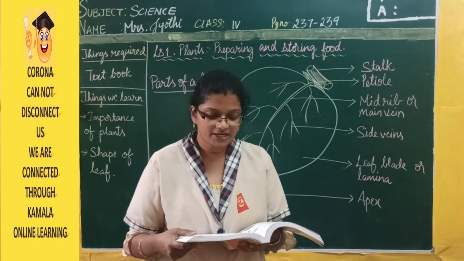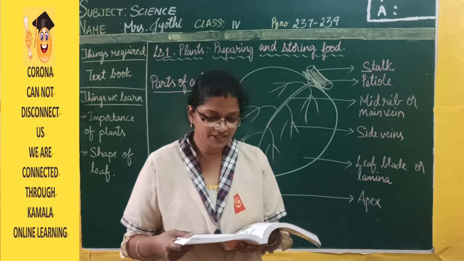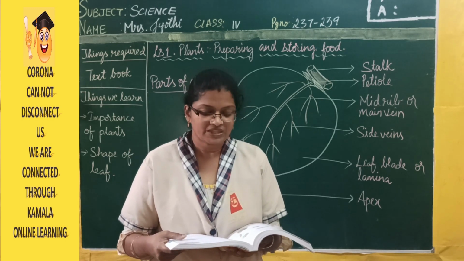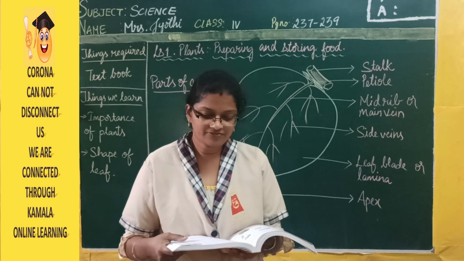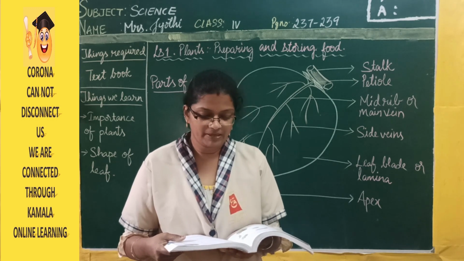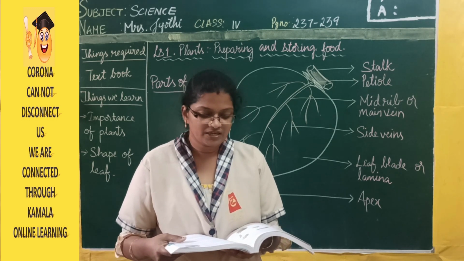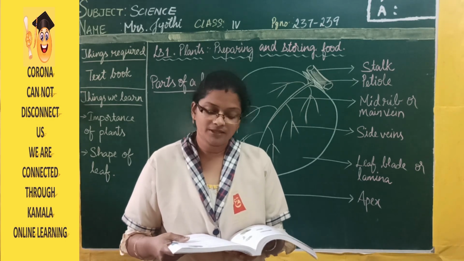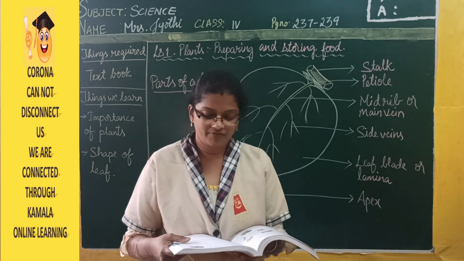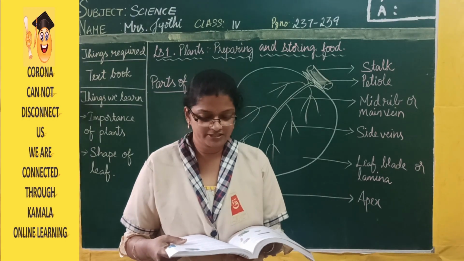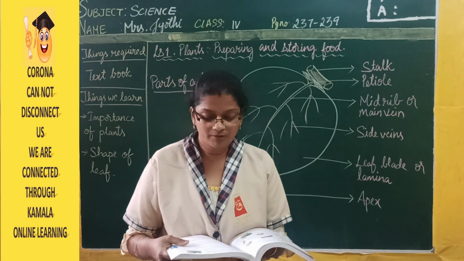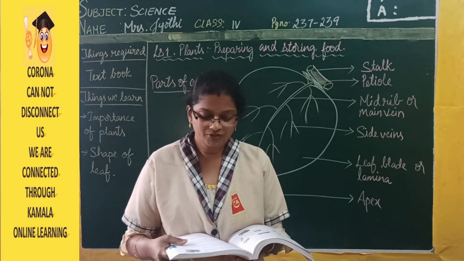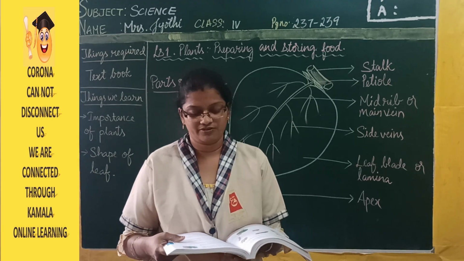We can clearly see the above mentioned parts of a leaf. The flat part of the leaf is called the leaf blade or lamina. The tip of the leaf is called the apex. The stalk that connects the leaf to the stem of a plant is called the petiole. Running through the middle of a leaf is the midrib or main vein. Each leaf has one midrib and many side veins. Veins perform the transportation of minerals, water and prepared food to and from the leaf.